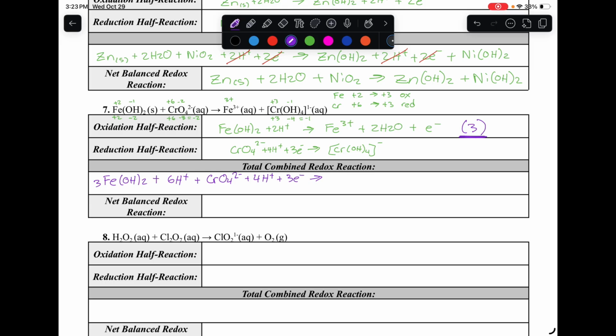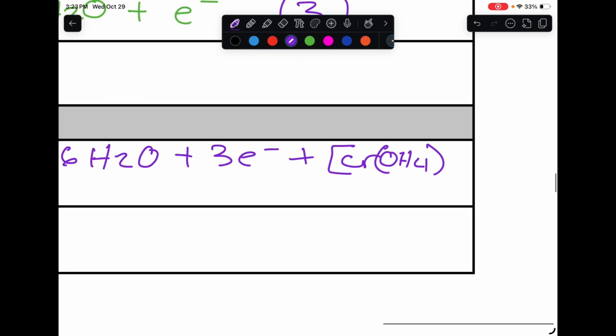And now we have our product side, remembering we are multiplying the oxidation half by 3. So we have 3 Fe3+ plus 6 H2O plus 3 electrons plus our chromium hydroxide. Oops, the 4 is on the outside of the parentheses.